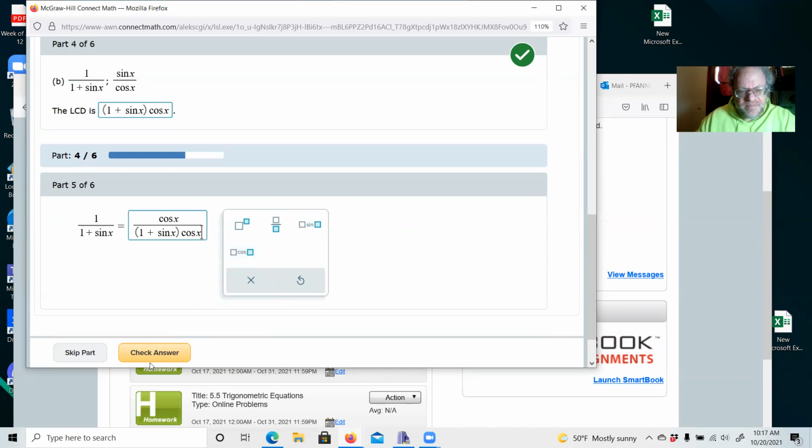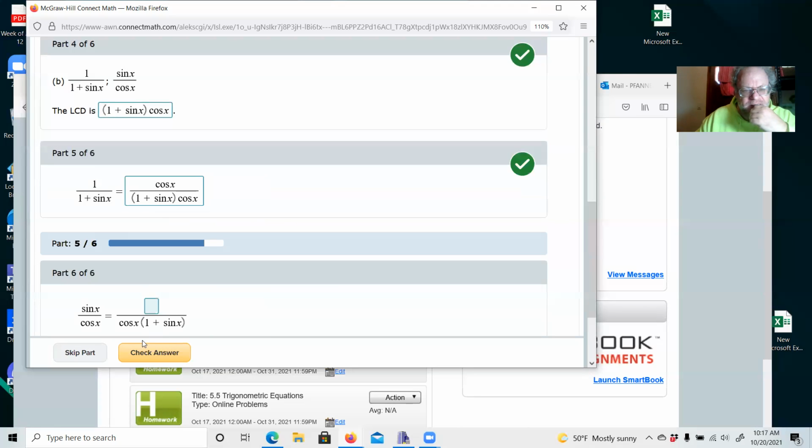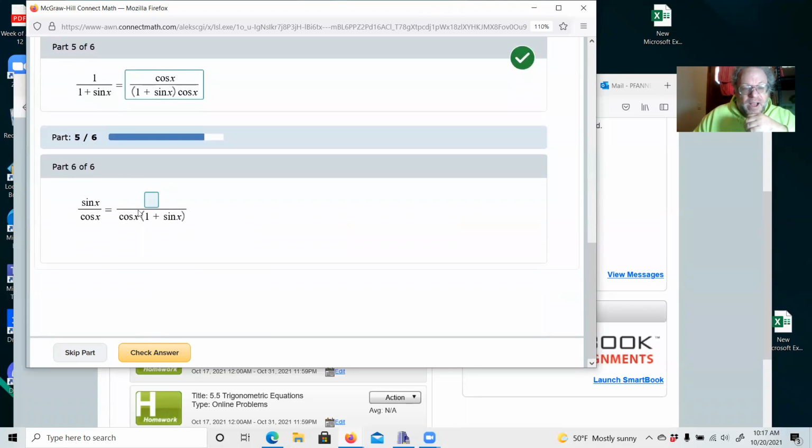Okay, cosine x. All right. So I understand, this is what we're getting for, how frustrating it can be. Let's see here. We looked at this and we are going to have a sine x, because that's the original sine x. But what did we multiply by?